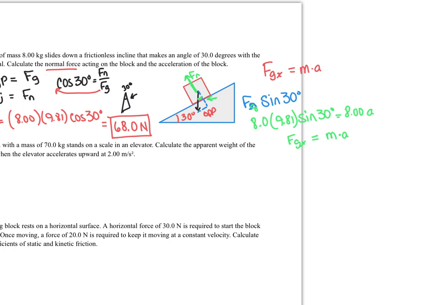We divide it by the mass because it is possible it's sliding up and down that. There is no applied force. So multiply to get that parallel force and then divide by the mass to get your acceleration. 4.91.